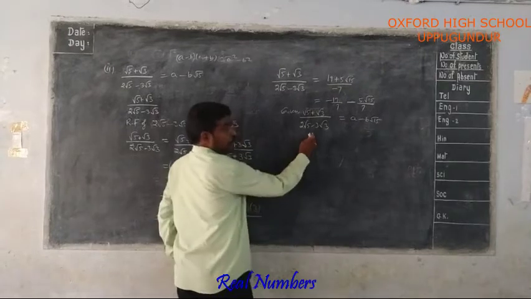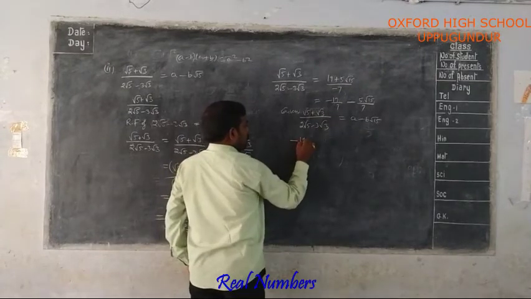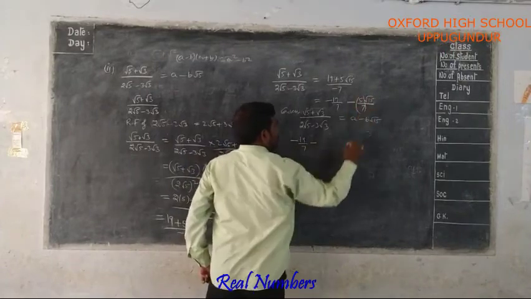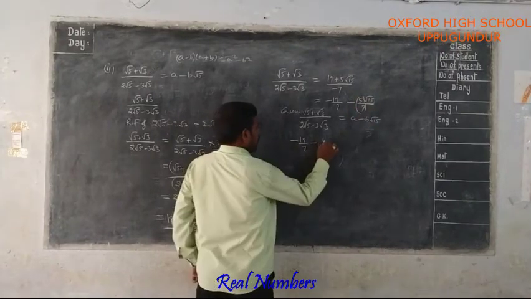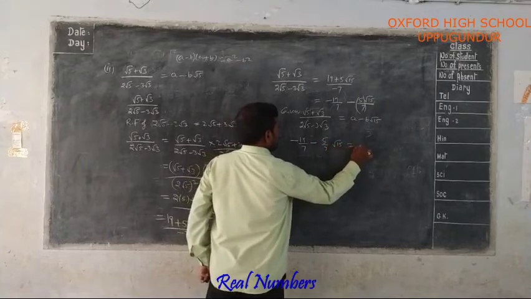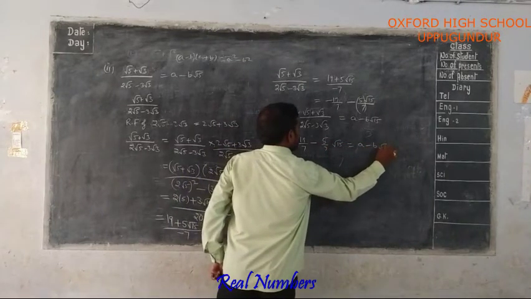Now what are you getting here? Minus 19 by 7 minus 5 by 7 into root 15 equal to a minus b root 15.